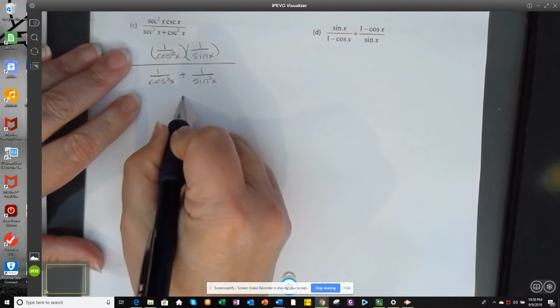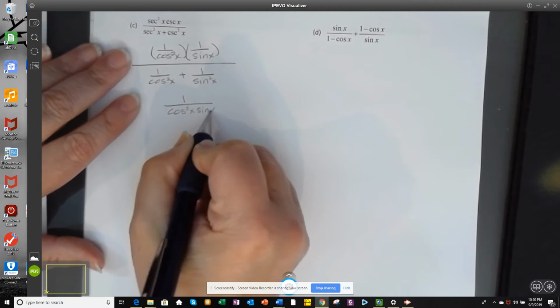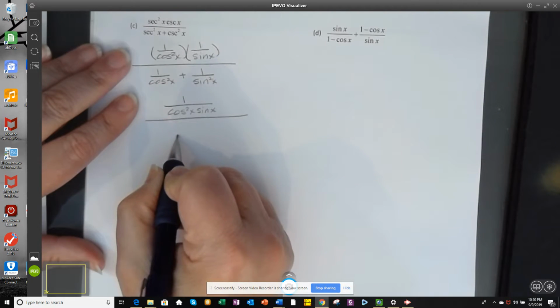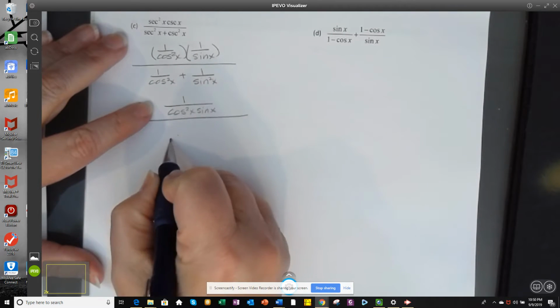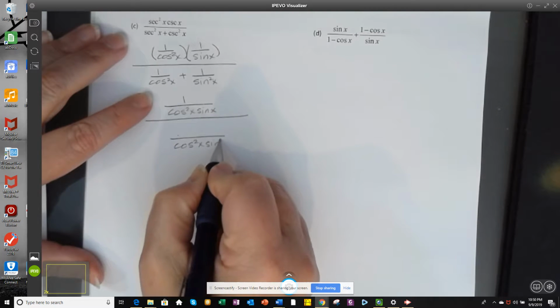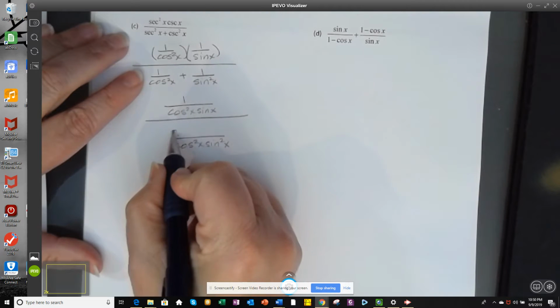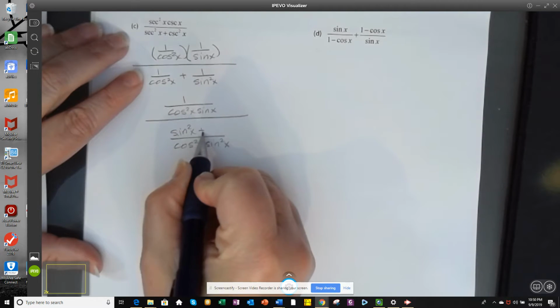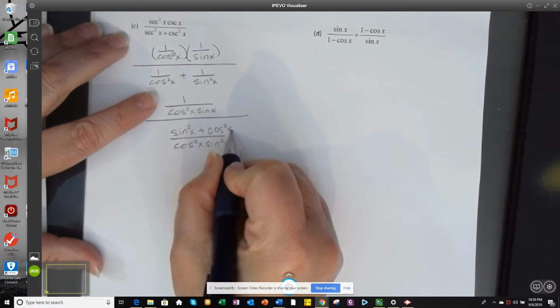And the numerator is going to look like cosine squared x sine x in the bottom. And now I'm going to find a common denominator in the denominator, which would be cosine squared x sine squared x. And then I'm going to multiply this first one by sine squared x, and this one by cosine squared x, which gives you cosine squared x.